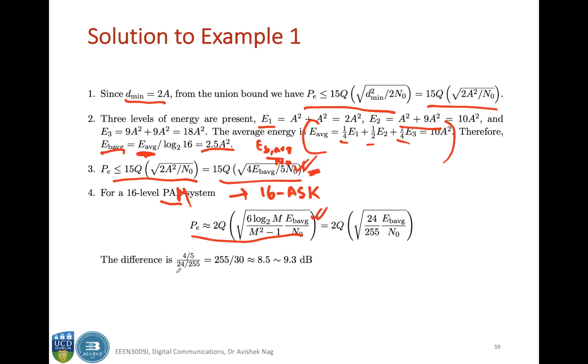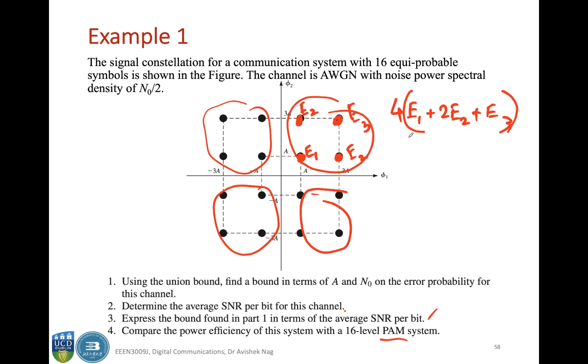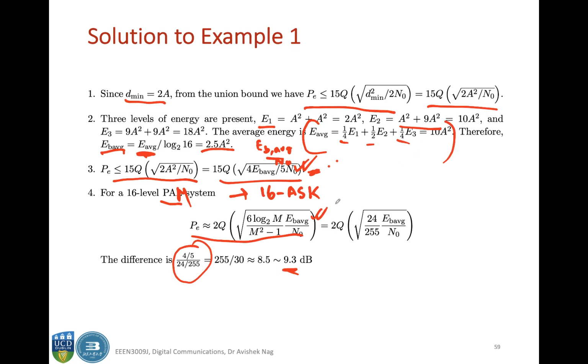You get the ratio, and you can see that there is a 9.3 dB advantage. This is basically a QAM system, so this is 9.3 dB advantageous over 16 ASK or a 16-level PAM.